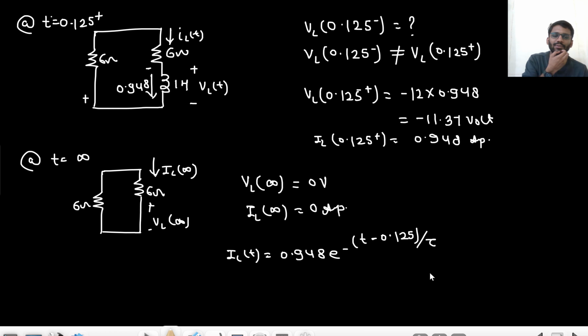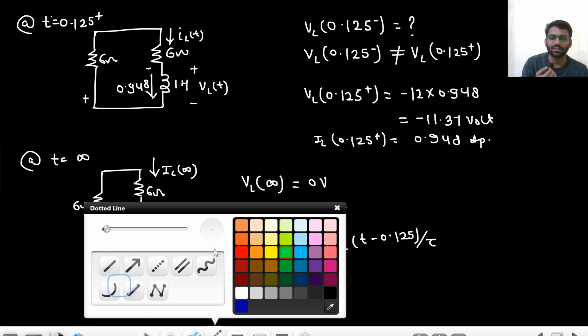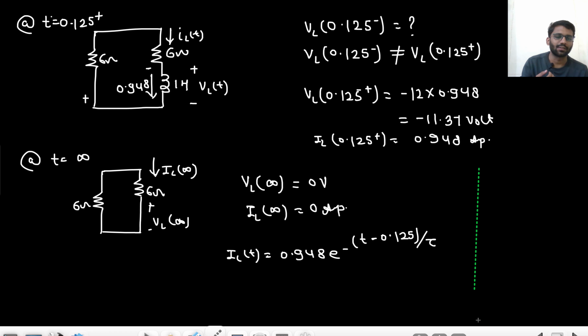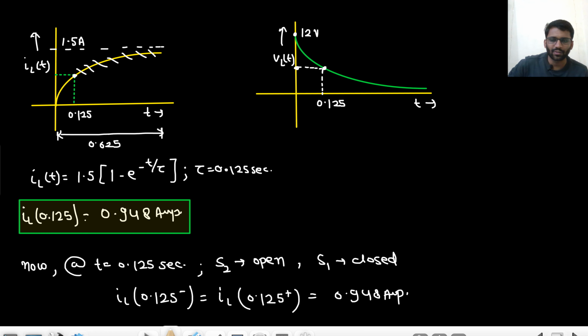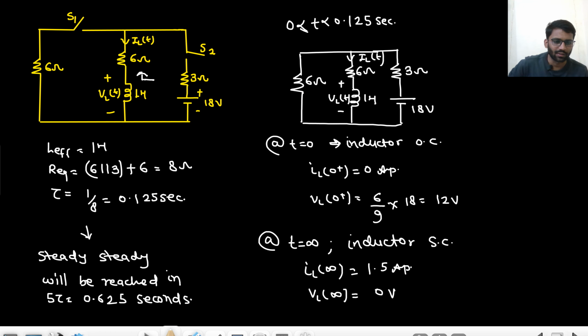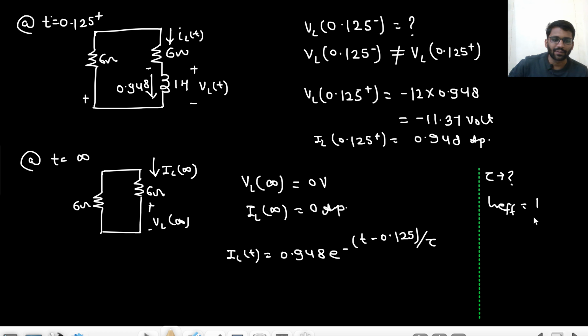Okay. Now what is the time constant? What is L effective here? 1 Henry. 1 or 1.5 it was? 1. Okay. L effective is 1 Henry. What is R equivalent?